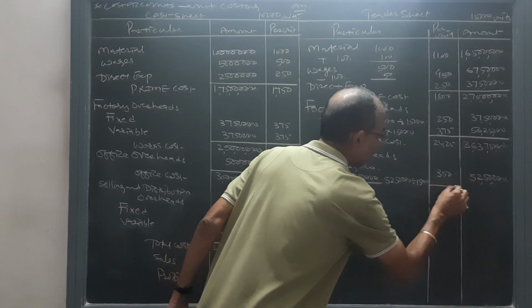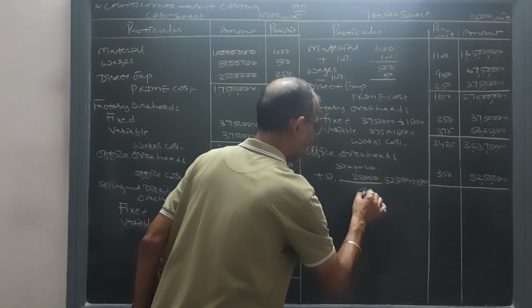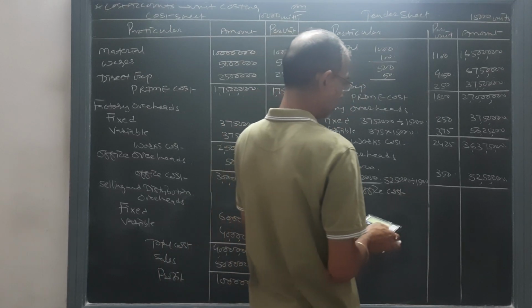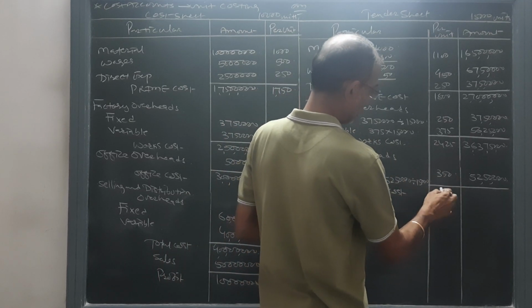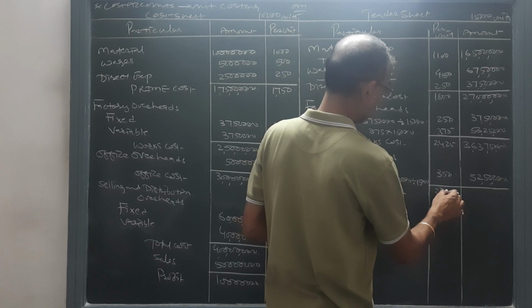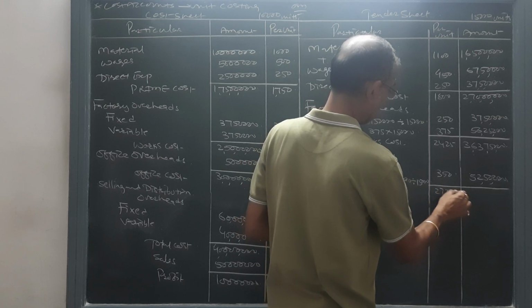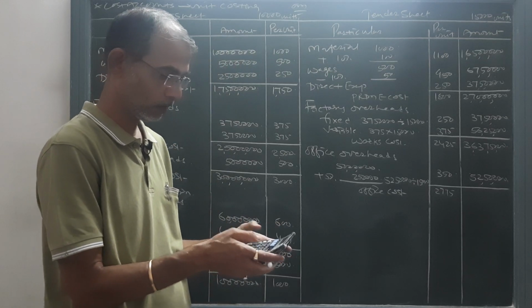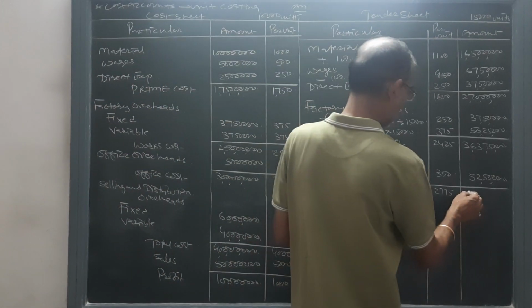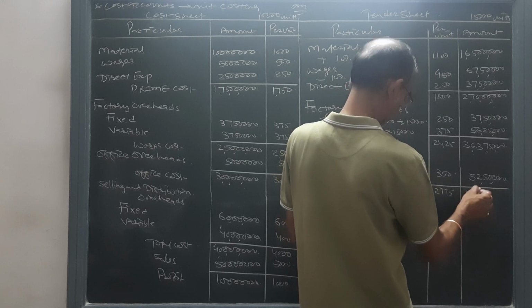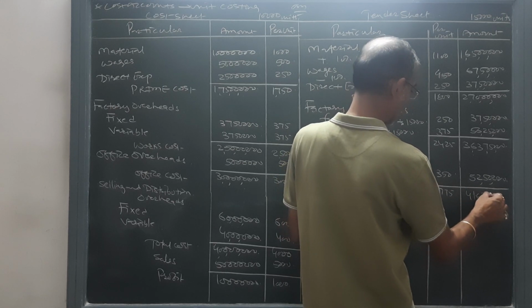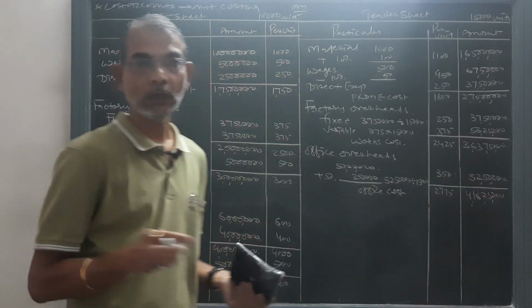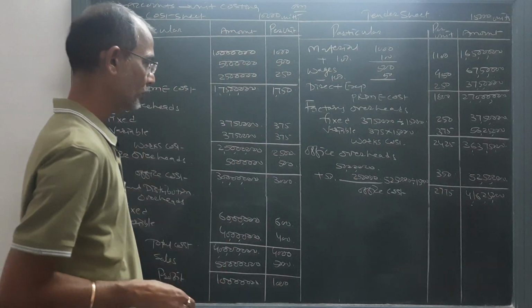This will be our office cost. 2,775 per unit, and 4 crore 16 lakh 25,000 is the office cost.